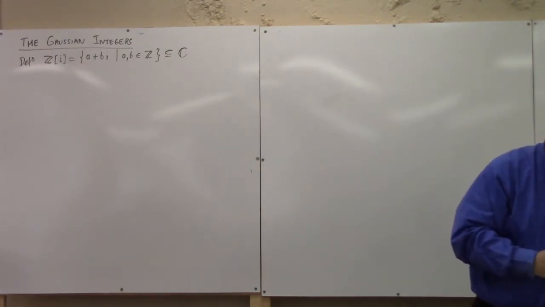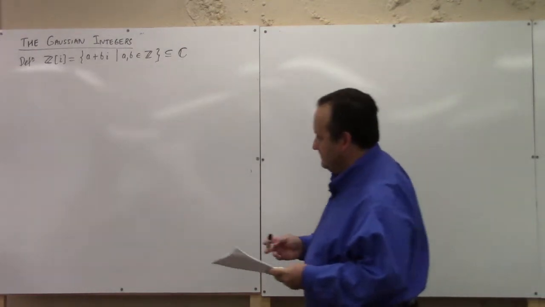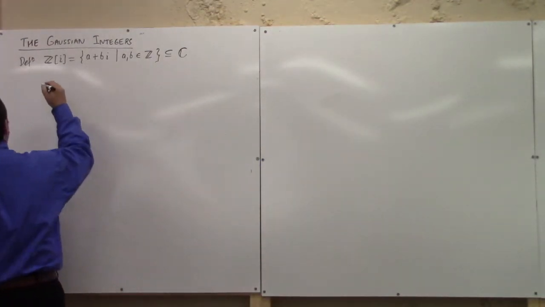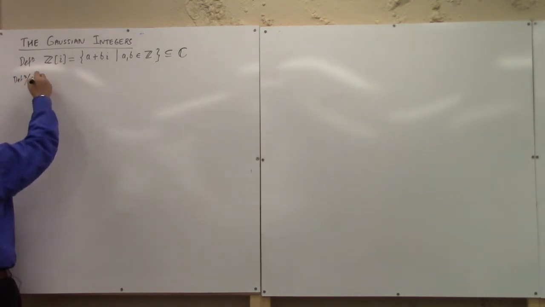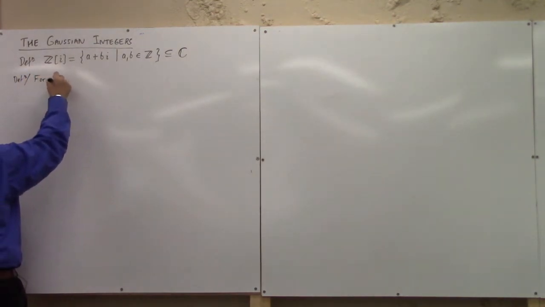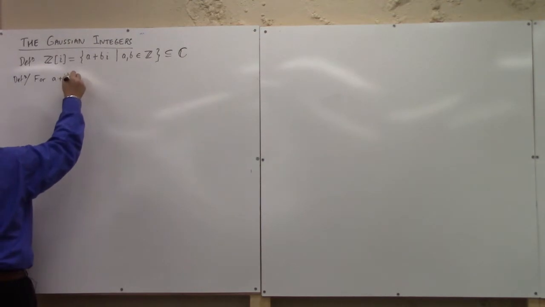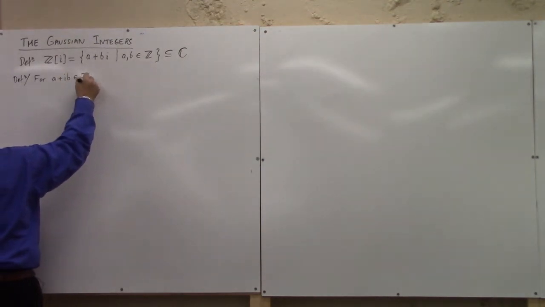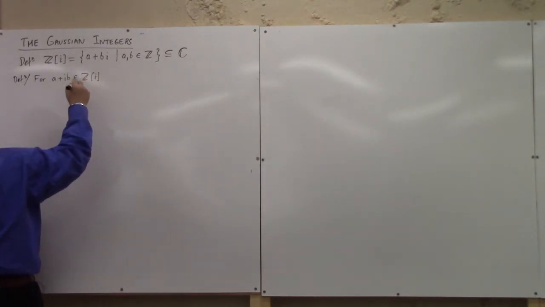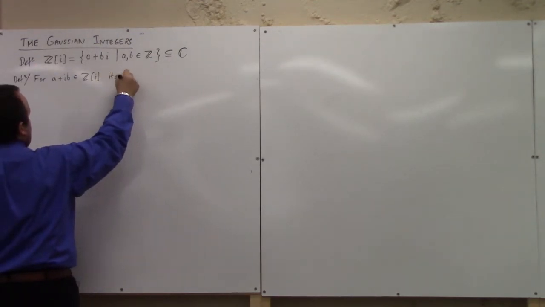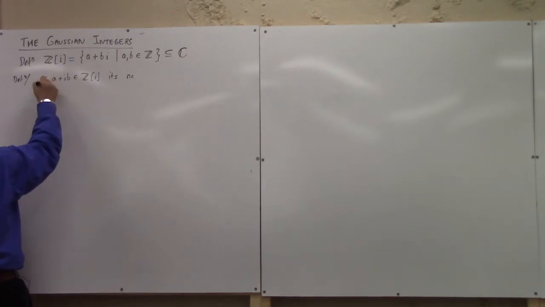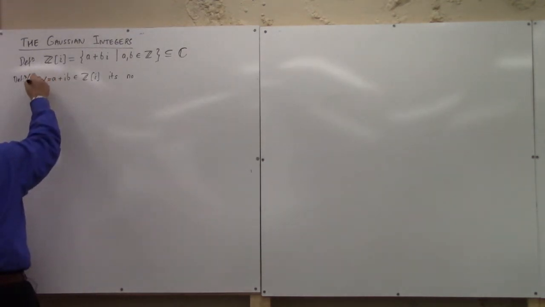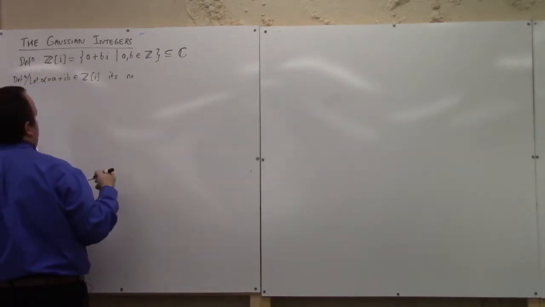So definition. For a plus ib in the Gaussian integers, let alpha equal a plus ib.